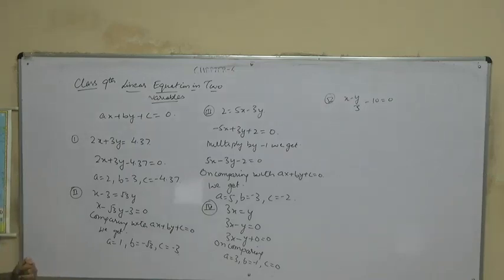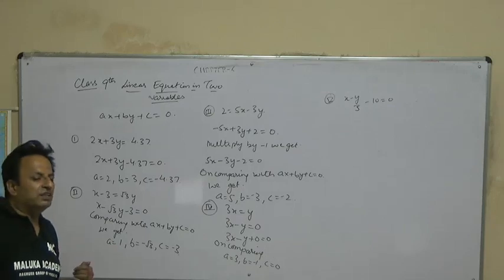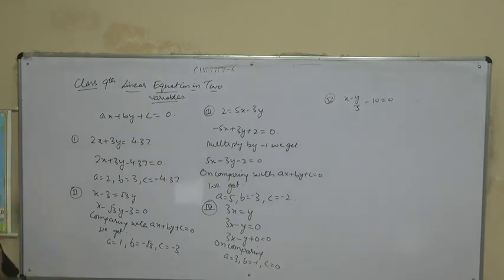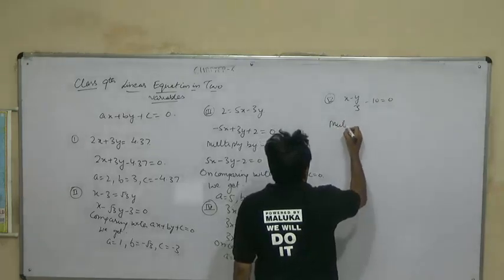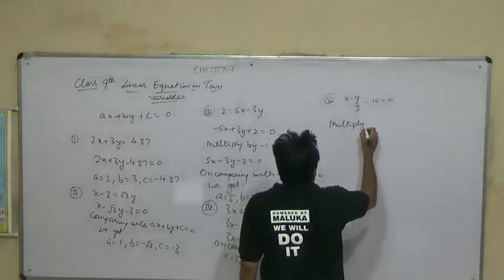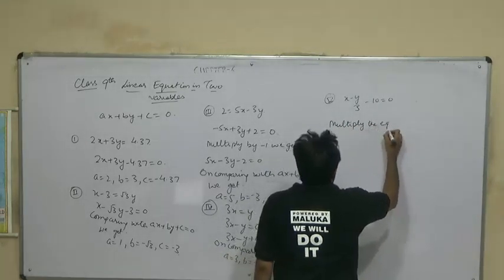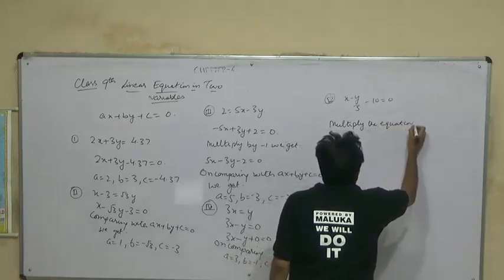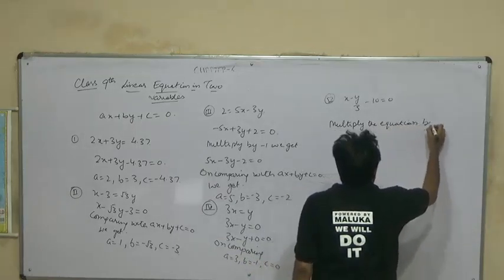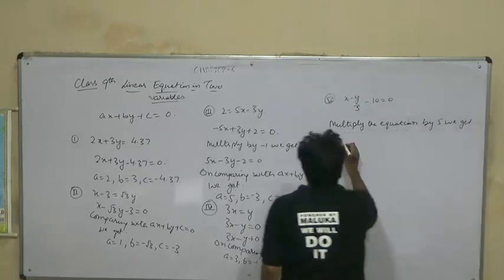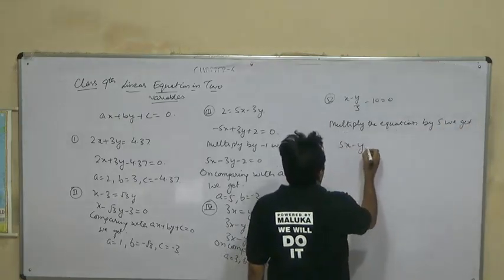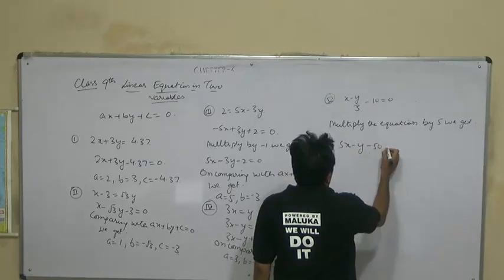How can you remove it? If anything is in the denominator, we can remove it by just multiplying the whole equation by that number. So here also we will multiply the equation by 5 and we get 5x minus y minus 50 is equal to 0.